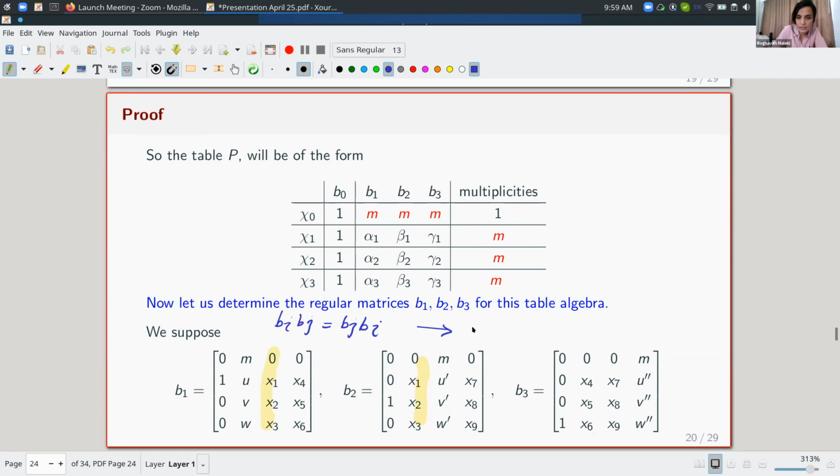For example, BiBj equals the sum over k of lambda_ijk, and these coefficients are entries inside the matrices. So when this column is B1B2, this yellow color, and this yellow color is B2B1, we have the commutativity of the algebra here. These are the coefficients that appear in this multiplication, so they must all be the same.